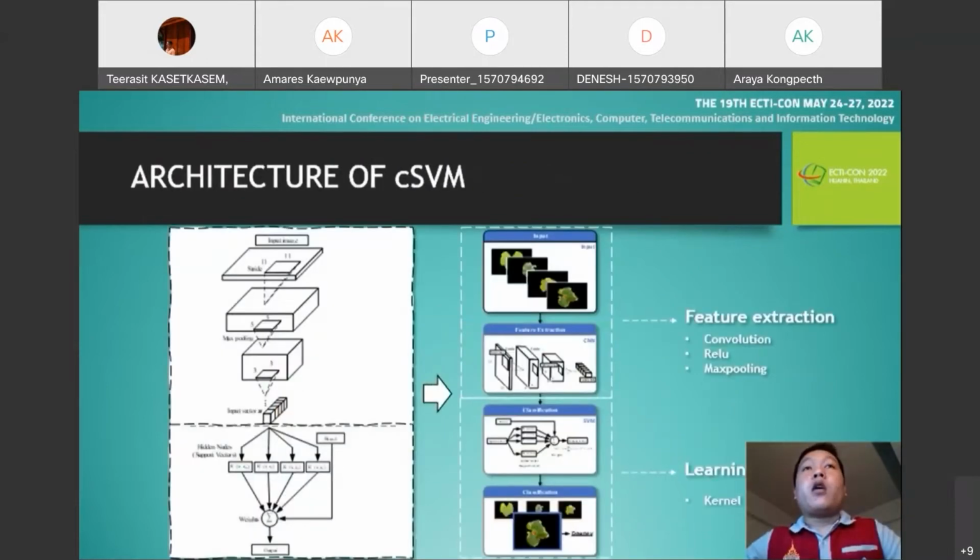The architecture of the proposed algorithm is designed to automatically extract distinct features through filtering by the filters from AlexNet. The feature extraction is divided into three important parts: the convolutional process, ReLU, and max pooling.